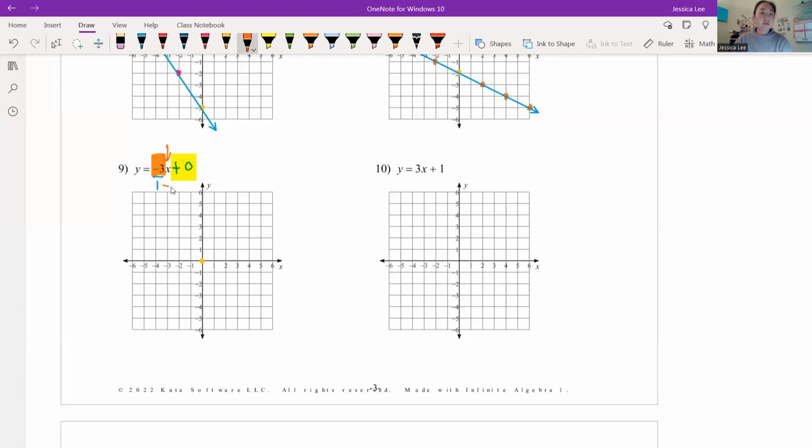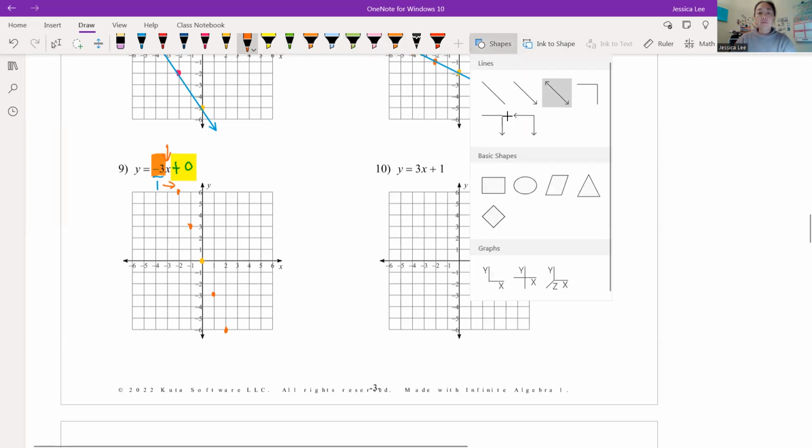And then 1 is positive, so we're going to go to the right. From the y-intercept, we're going to go down 3 and then 1 to the right. Down 3, 1 to the right. Do the exact opposite and go up 3 and then 1 to the left. And then up 3, 1 to the left. And see, we got our negative slope right here. I'm going to make a fine line.